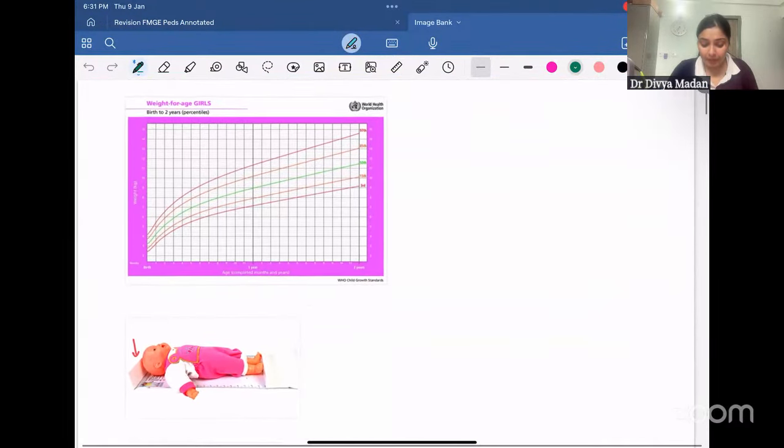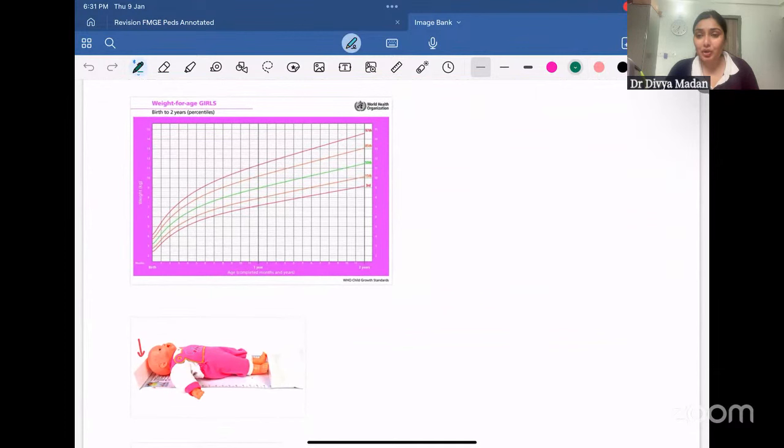Okay. So what is this first image? Can anyone tell me? This pink curve, what type of growth chart is it?